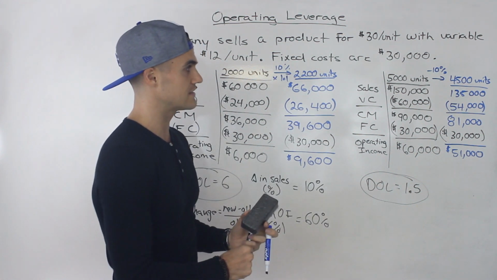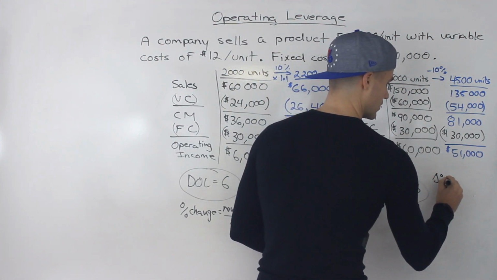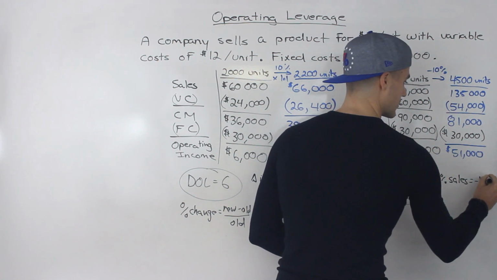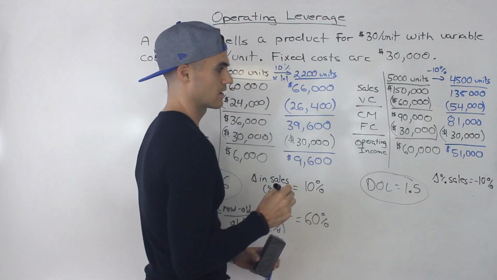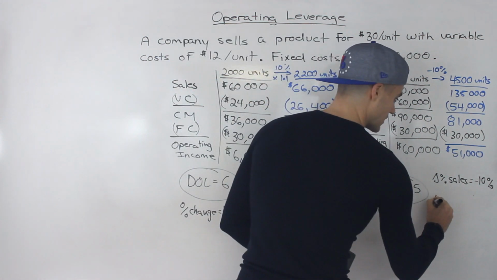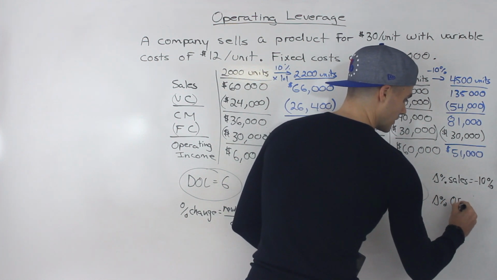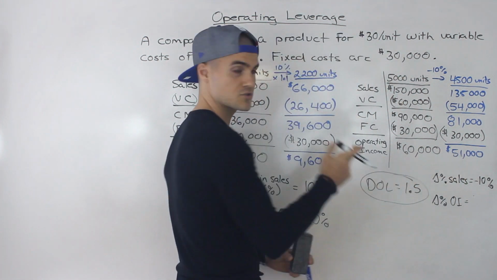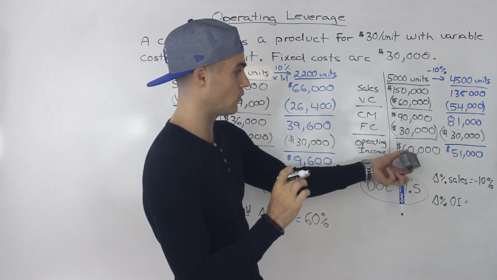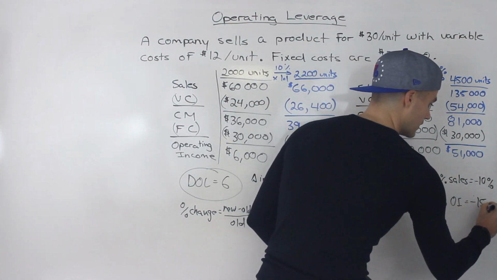So notice that the percentage change for the sales was negative 10%. But what was the change in operating income? Well, the percentage change in operating income was the new minus the old, so 51,000 minus 60,000, which gives us negative 9,000, divided by the old amount of 60,000, that gives us negative 15%.